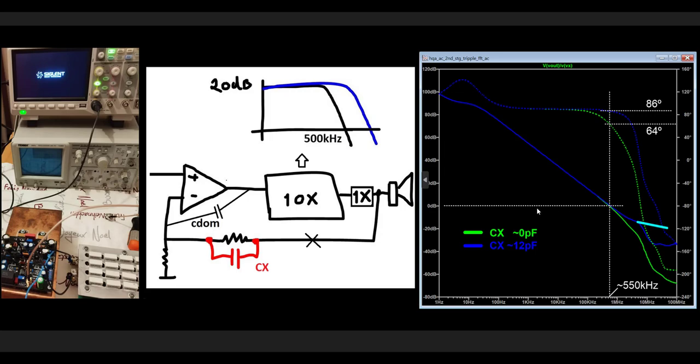So we need to reduce this cap, go up with this gain, and when we start to see some instability or close to instability, we use this cap and we can win some additional phase margin here. This was the principal point that I want to pass to you today.